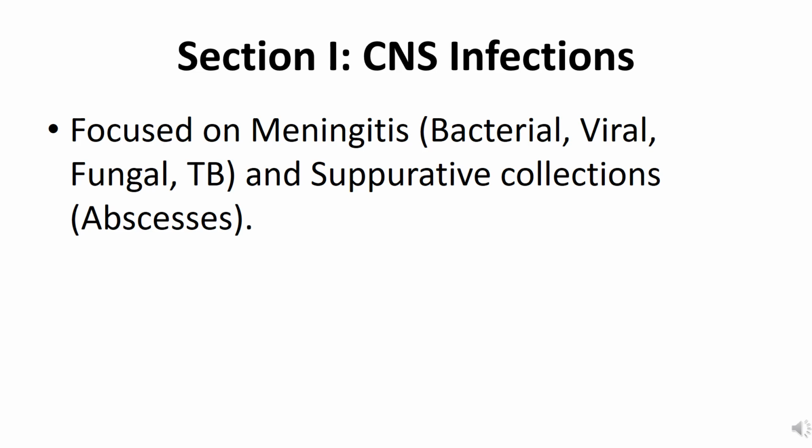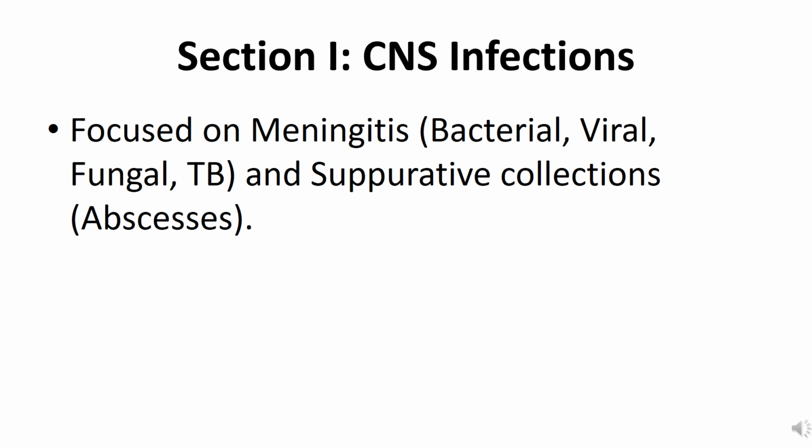Beyond meningitis, we also encounter suppurative infections, where pus accumulates within confined spaces of the central nervous system. These collections can exert pressure on delicate brain structures and rapidly become life-threatening. A brain abscess is a localized pocket of infection within the brain tissue itself.